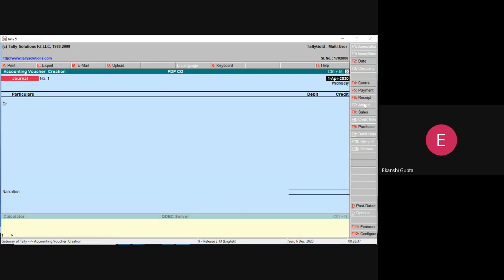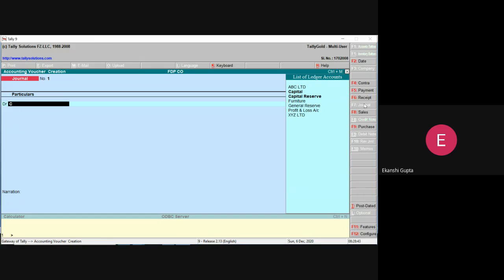The date is the same, 1st April 2020. Debit would be computers. Now, have you created computers in your ledger accounts?